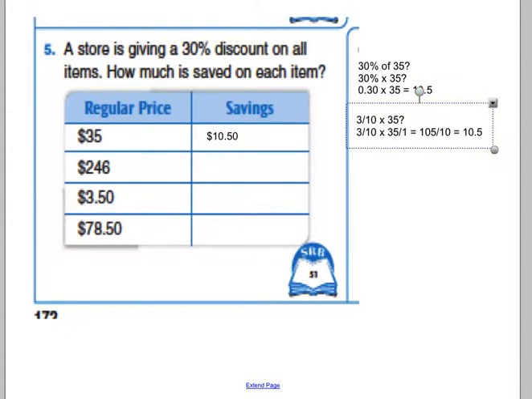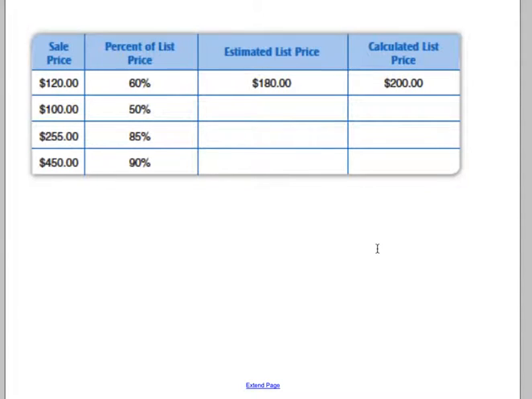However, what if we need to figure out the list price? We know the sale price, but we don't know how much it cost originally. Okay? These are somewhat trickier. Again, I have to ask myself, okay, so what am I trying to be figuring out here?